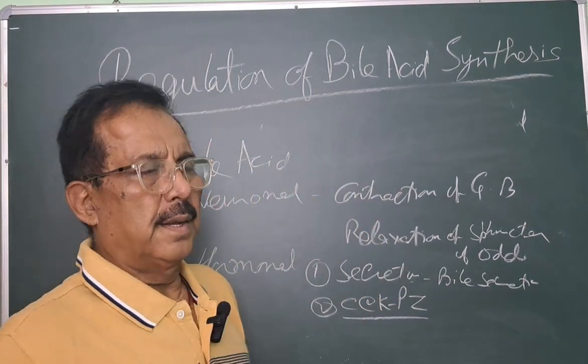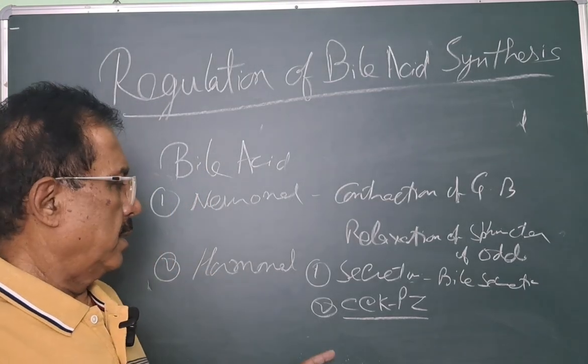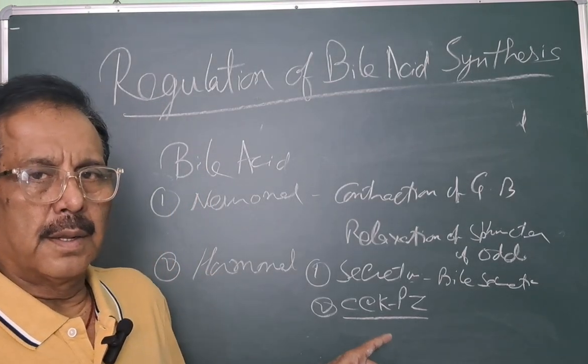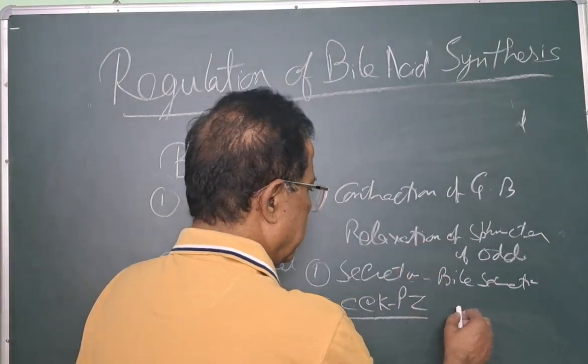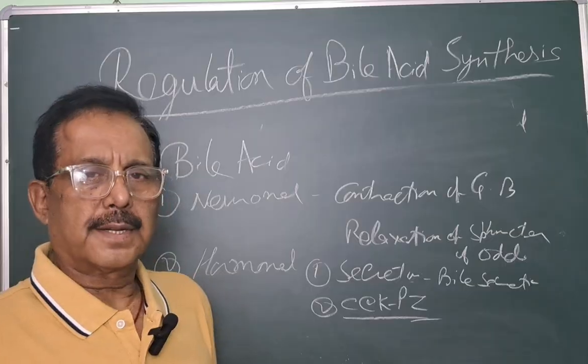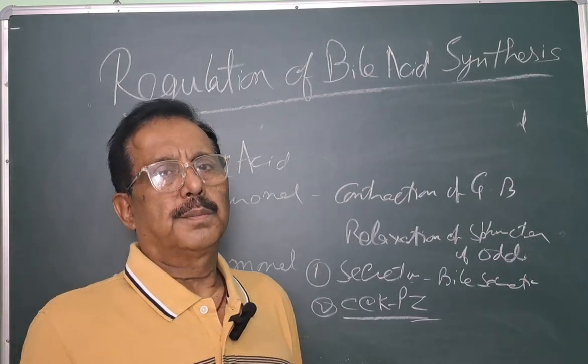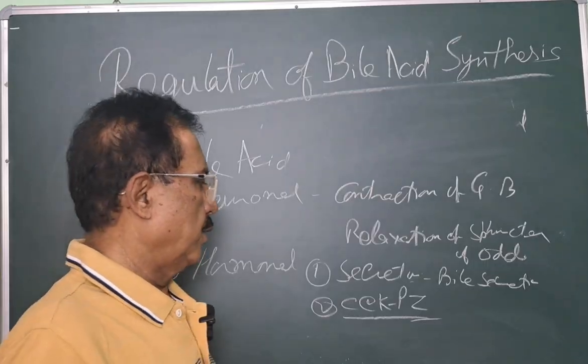CCK-PZ is produced by I cells present in the duodenum, and it causes contraction of the gallbladder and relaxation of the sphincter of Oddi so that stored bile comes into the duodenum.